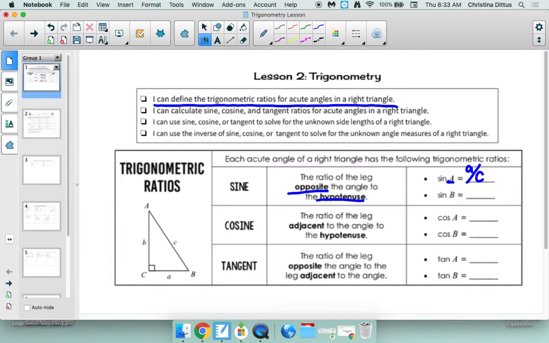If I want to take the sine of angle B, what side is opposite that angle B? The little b. This little b doesn't touch it. And what's my hypotenuse? C. Always the same hypotenuse.